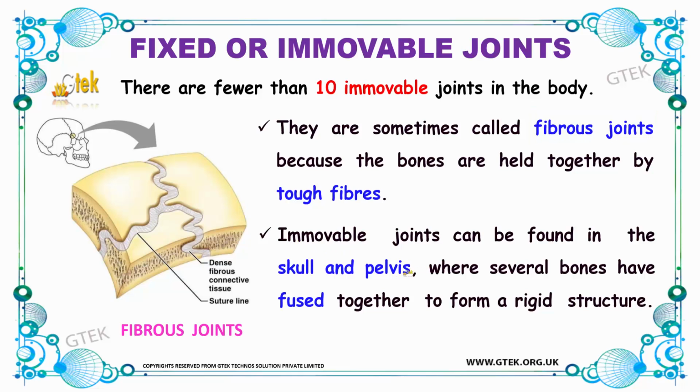You have the immovable joints in the skull and pelvis, where several bones have fused together to form a rigid structure which is tough and immovable. So that makes our skull and pelvis tough and immovable joints, which are joined using fibers.